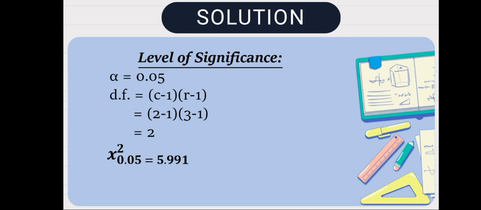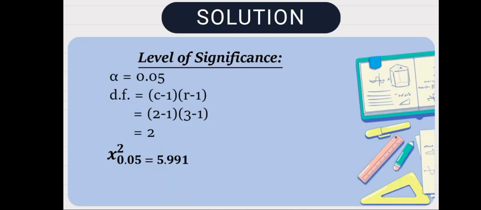Then, atong critical value diri kay mo lang gyapon kay chi-square man ta, X squared 0.05. So, 5.991 ang nakuha na to nga critical value.